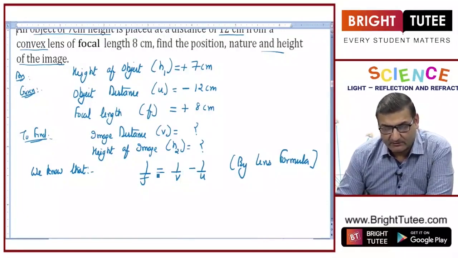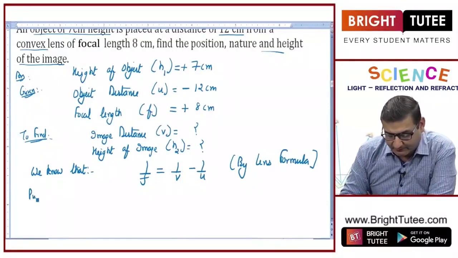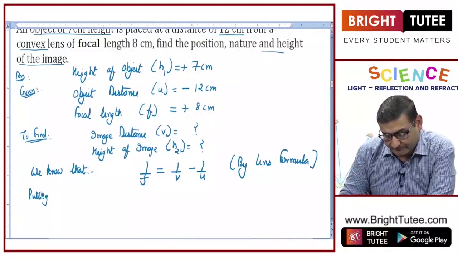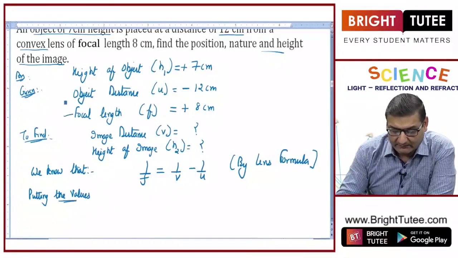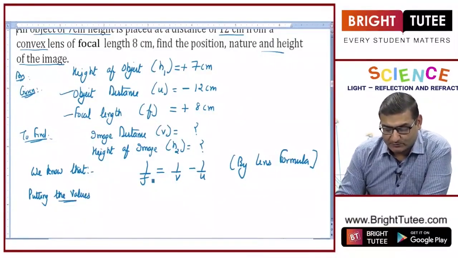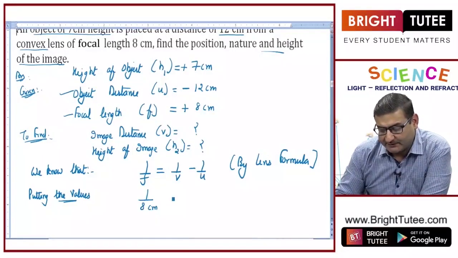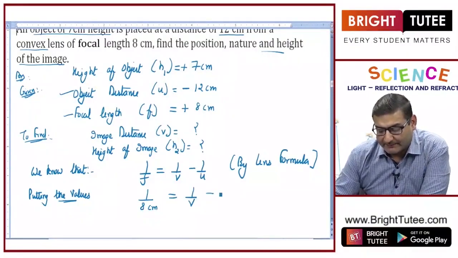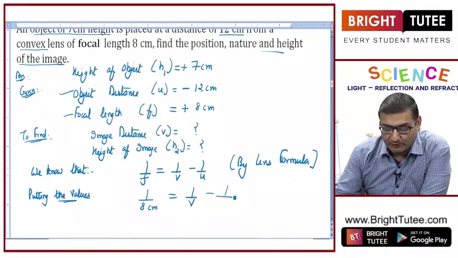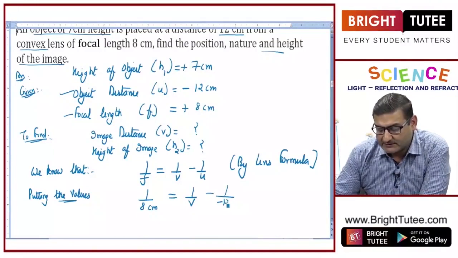So putting the values, which values are given to us? We are given the focal length, we are given the object distance. So f, we know, we'll put the value: 1 by 8 centimeters is equal to 1 by v, which we have to calculate, minus 1 upon u. u is given out to be minus 12 centimeters.